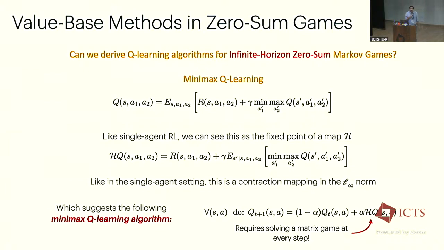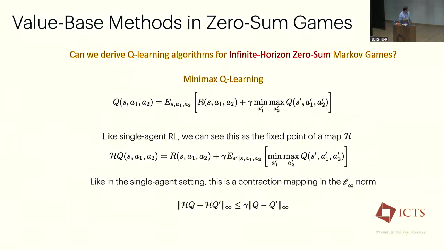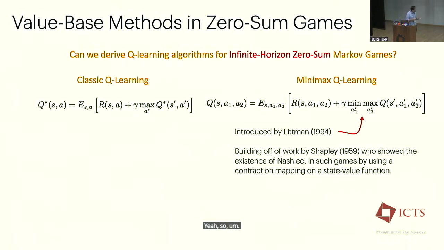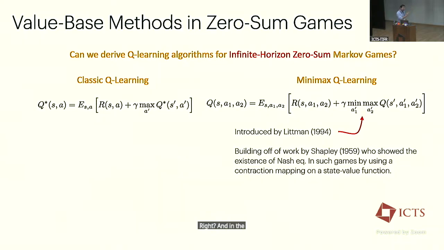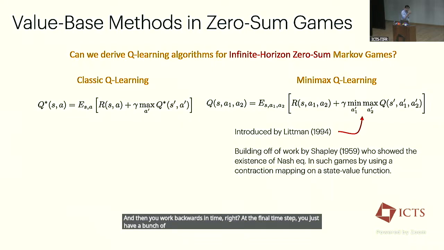How it came about? You could think of it as a dynamic programming argument. We will look at the finite horizon version of this later on. In the finite horizon case, you start at the final time step and work backwards in time. At the final time step, you just have a bunch of matrix games in each state.